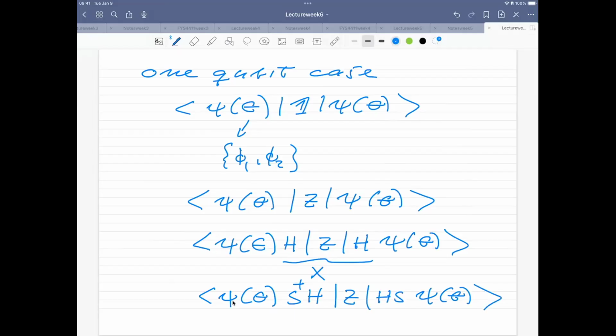Now, keep in mind that these matrices, H and the phase shift matrix, they do not contain any parameters. So the Hadamard is just set, it's just a simple matrix, but we would need now to complicate the operation. So that means also that when we are making physical measurements on these different components of the Hamiltonian, we need to perform additional operations on the state which we have parameterized here.